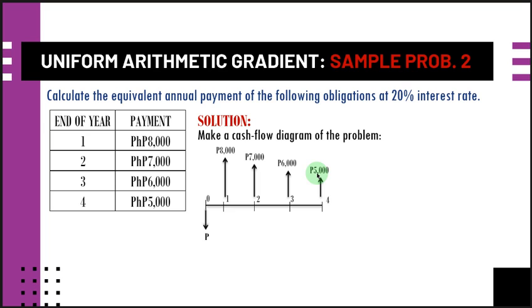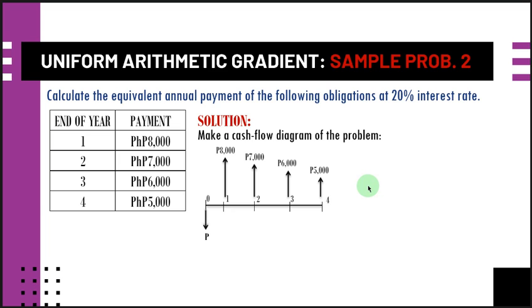Okay, so the question is, will the formula of our P, which is equal to PA plus PG, apply here in this problem? So what do you think? Actually, that formula still applies, but we use the opposite sign.